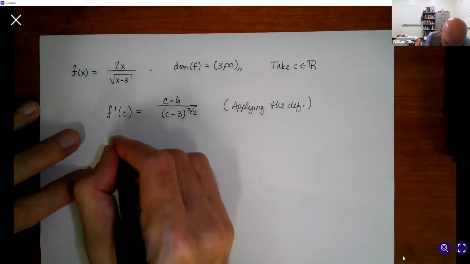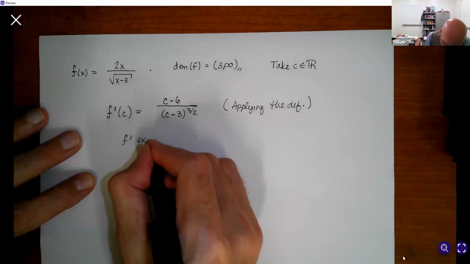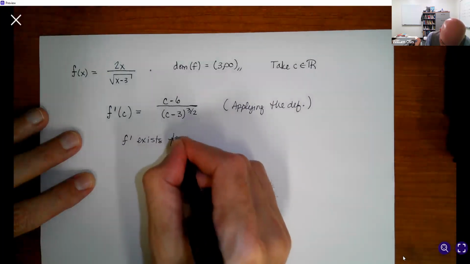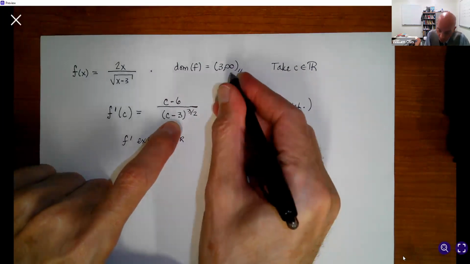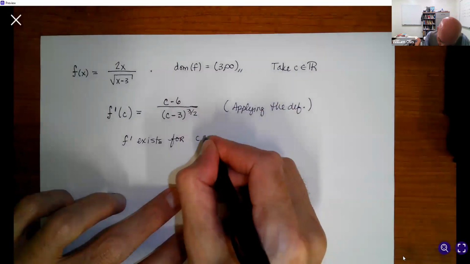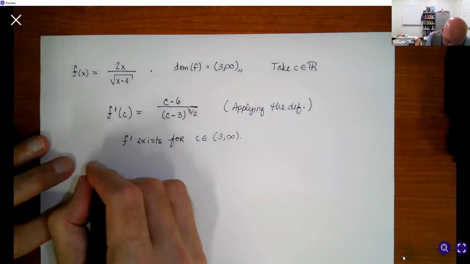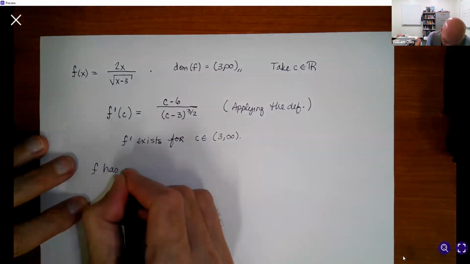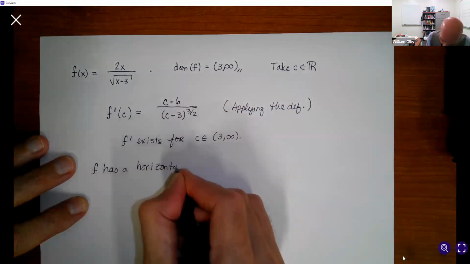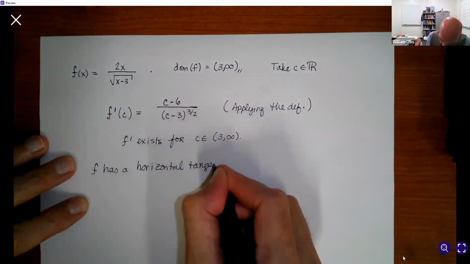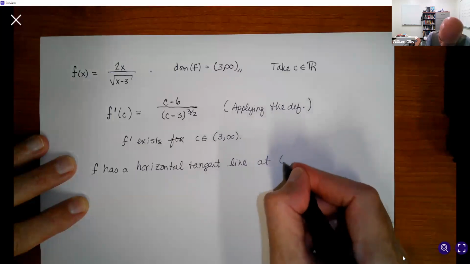And so now we'll say, in this case, f prime exists for, and then of course we look at this, there are no additional restrictions. We still are good here. F prime exists for c, the element of 3 to infinity. And notice, f has a horizontal tangent line at 6.